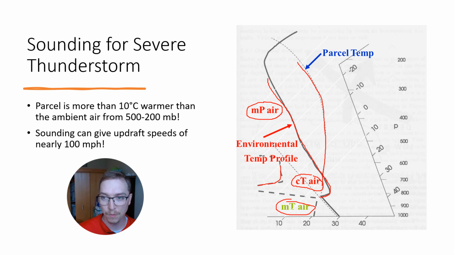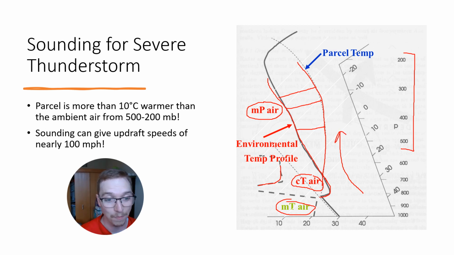So that's our millibar range here, and we're seeing that difference in temperature. This sounding can give updraft speeds of nearly 100 miles per hour. So the air moving up into the parcel can reach speeds upwards of 100 miles per hour. It's pretty astonishing.